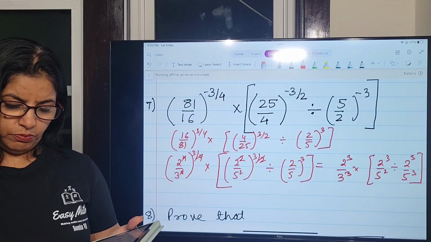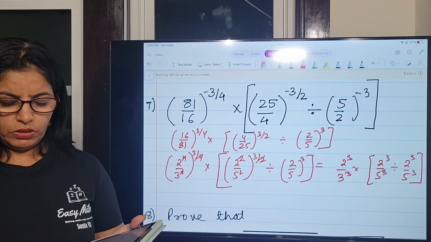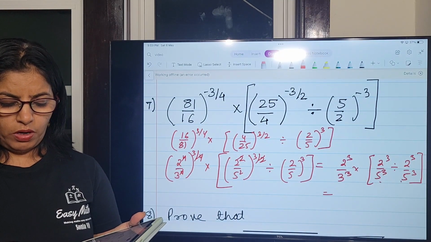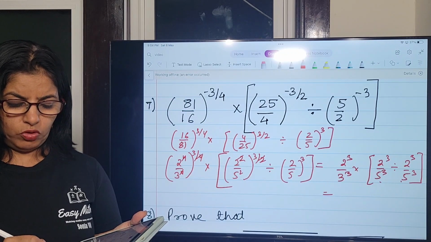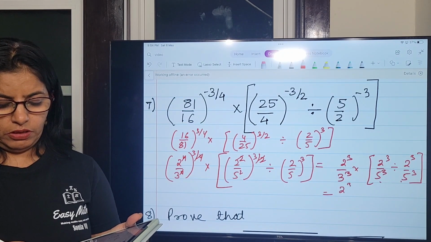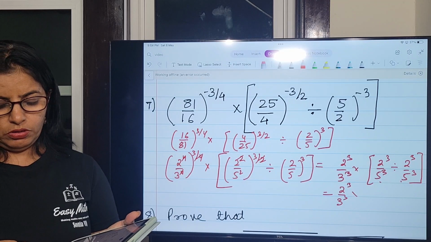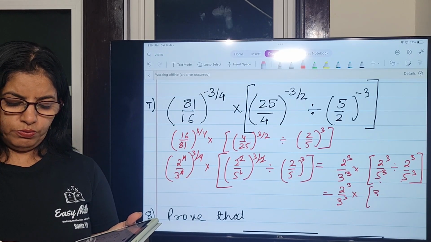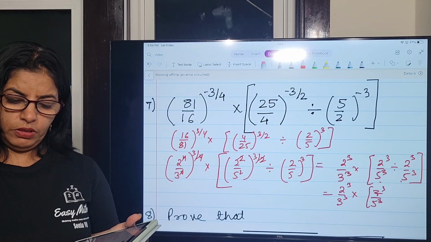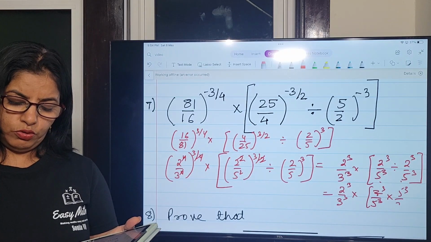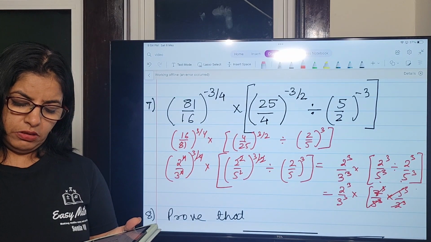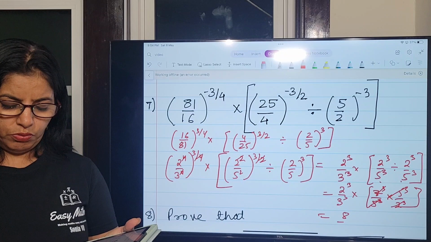This is also cube. So since the same numbers are dividing, it becomes 1, or you can do it by multiplication. 2 cube upon 5 cube into 5 cube upon 2 cube. Cancelling these, answer is 8 upon 27.